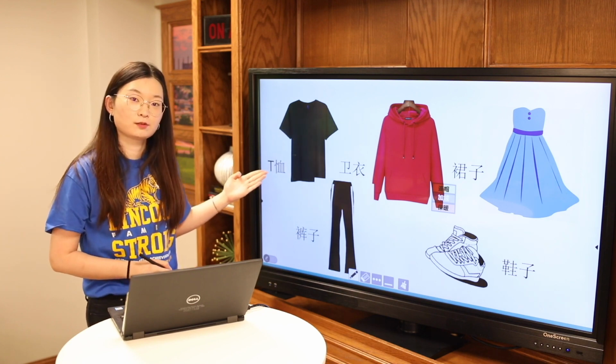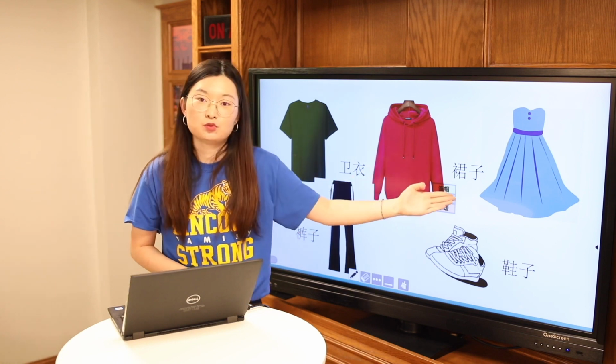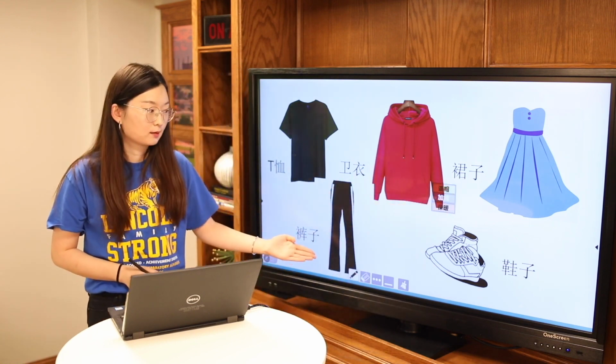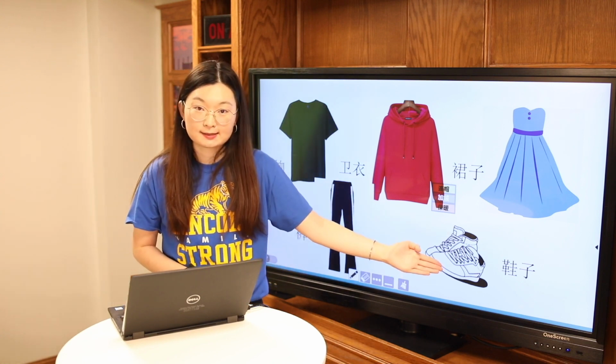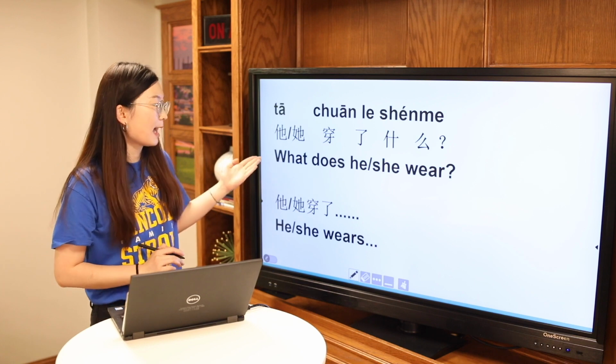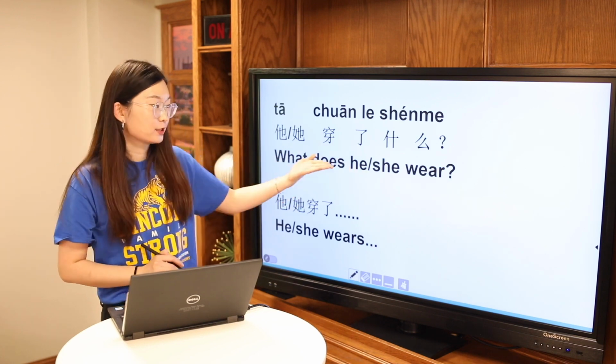T恤, 卫衣, 裙子, 裤子, 鞋子. Okay so 他穿了什么? What does he or she wear?